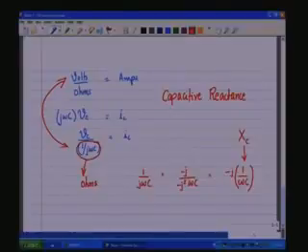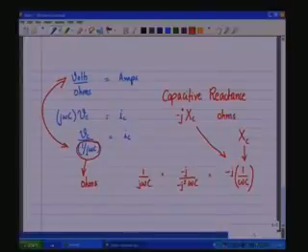The capacitive reactance, and that is jXC, which is this, and this has a unit of ohms. XC is 1 by omega C, j is a rotation parameter in the complex domain, and minus is to indicate that it is a leading phase, not the lag.